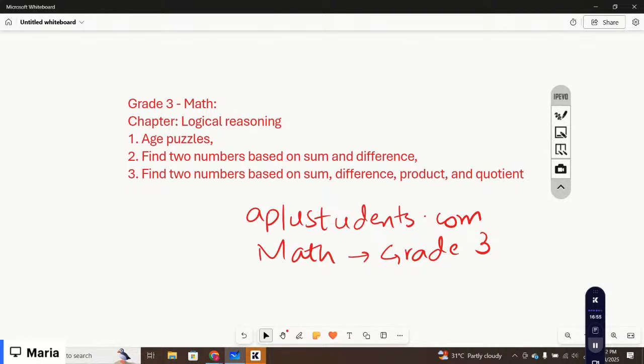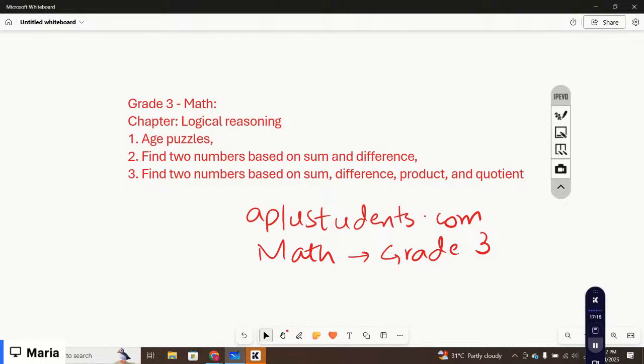The lessons we're going to cover today are age puzzles, find two numbers based on sums and differences, and find two numbers based on sum, differences, product, and quotient.